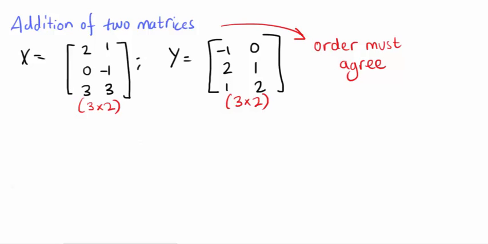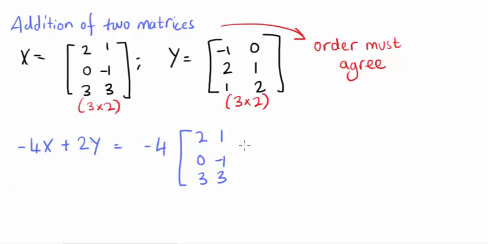So we've looked at addition of two matrices, and we've looked at multiplication by a scalar. We can combine these two steps to get a linear operation on two matrices. So for example, we might have -4 times X plus 2 times Y. So we have -4 lots of 2, 1, 0, -1, 3, 3, and 2 lots of -1, 0, 2, 1, 1, 2.